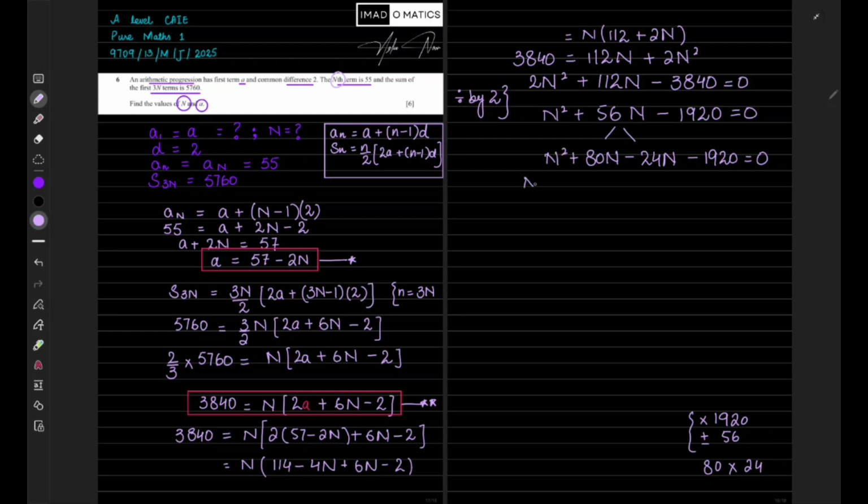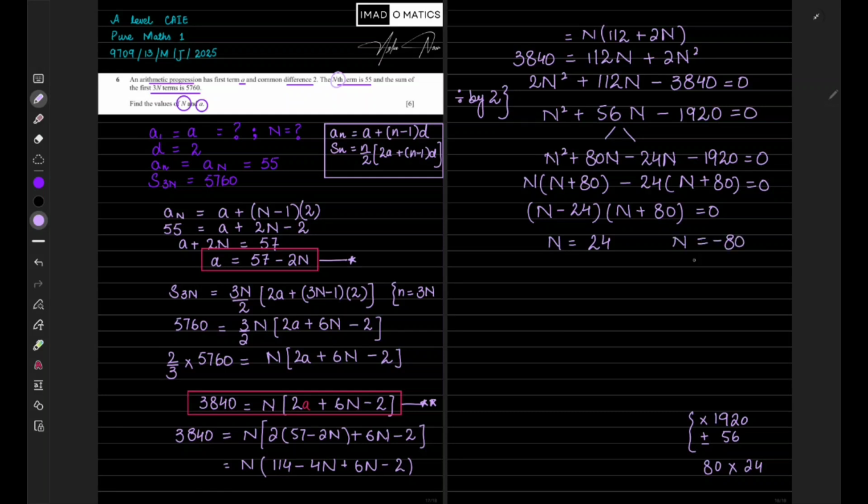So taking n common, n plus 80, minus 24 common, n plus 80 equals 0. This implies n minus 24 times n plus 80 equals 0. That gives you n equals either 24 or n equals minus 80.